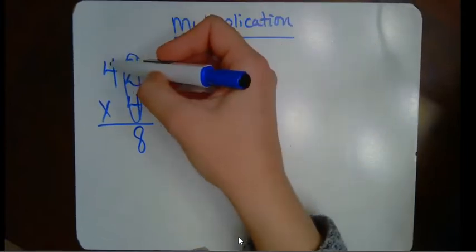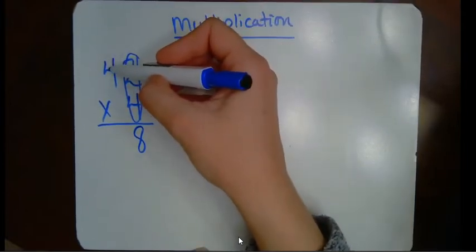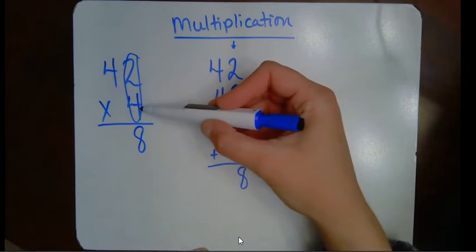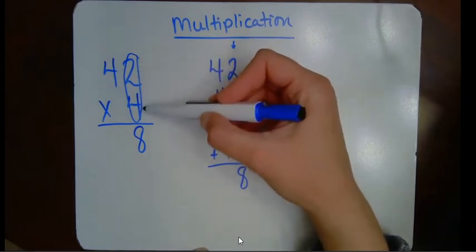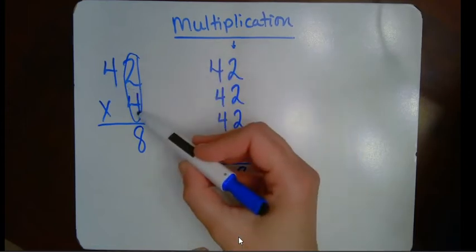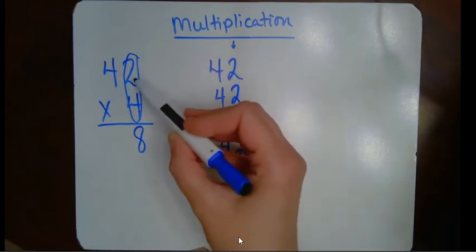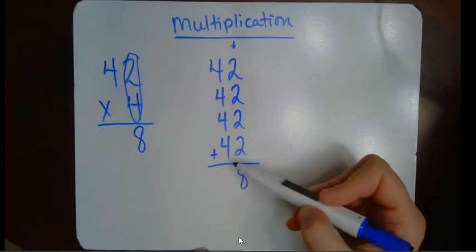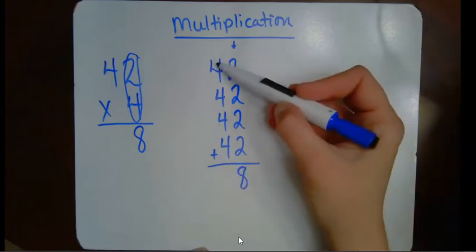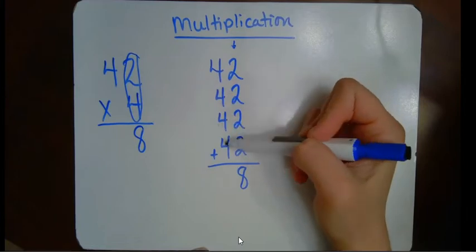When I look over here, I have a 4, and I recall that when I was multiplying my ones place, I was multiplying that 2 times that 4, because that's how many times I'm adding 42 together. That's the same thing that I'm doing over here. Instead, I'm adding 40 over and over again.